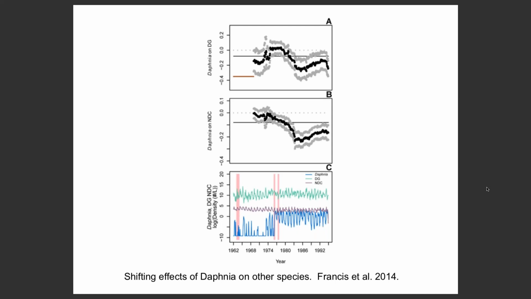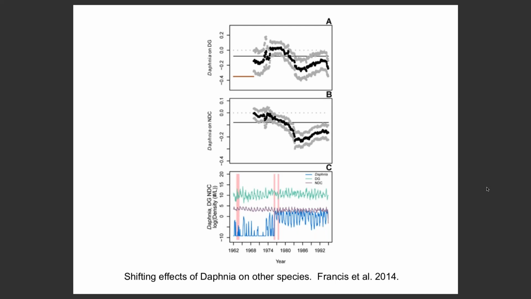So this is a competition effect, right? They're not eating them, it's a competition effect. The Daphnia's effect on the diatoms and green algae, in contrast, is not changing quite as much. This one is the really dramatic change. So we have the strong change in the competitive effect.